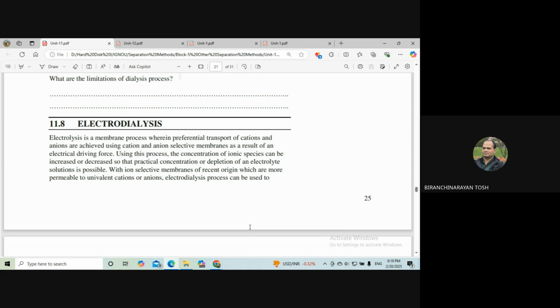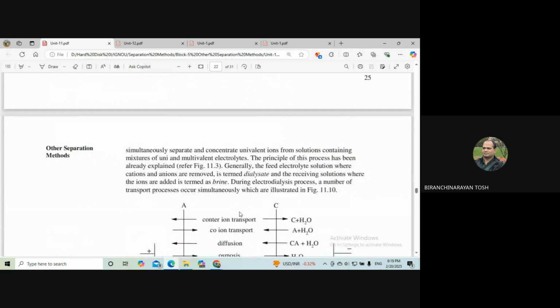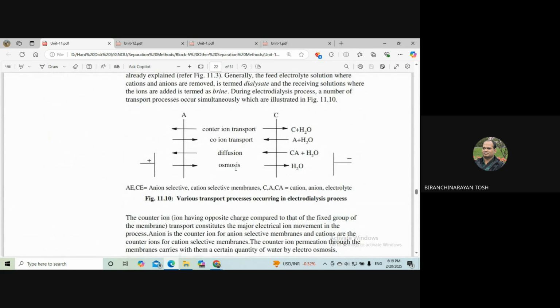Using this process, the concentration of ionic species can be increased or decreased, so that concentration or depletion of an electrolyte solution is possible. As shown in the figure, counter-ion transport, co-ion transport, diffusion, and osmosis are the various transport processes occurring in the electrodialysis process.